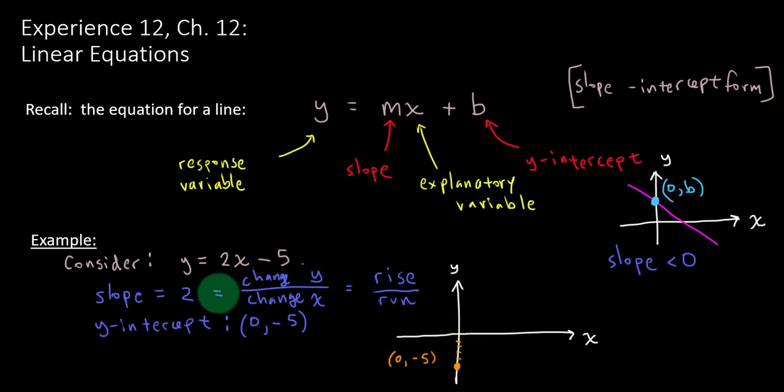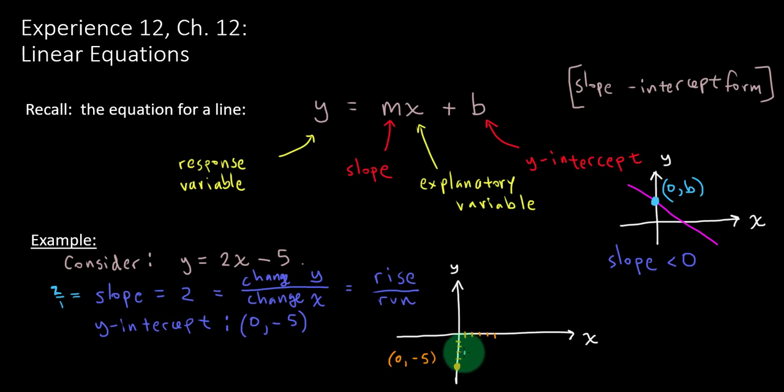And when I think about slope, I'm going to think about rise over run, change in y over change in x. So if I'm going to plot a couple more points so I can draw a line, I'm going to think about this 2. Maybe I want to think about it as 2 over 1, right? Because we don't really write over 1, but that's going to help me think about drawing a point that goes up 2 spaces, but over 1 space.